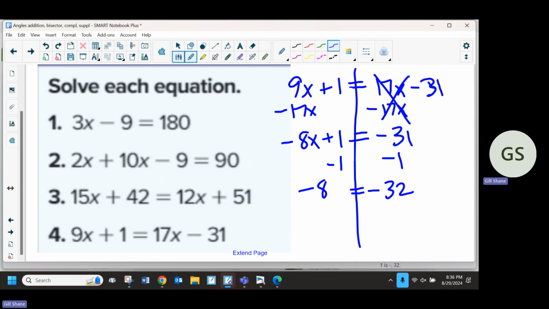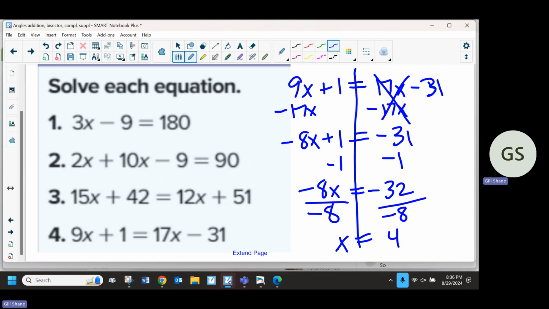Negative 8x here. Again, you have a calculator, so I'm just going to do it. Divide by the negative 8. Remember, wherever that 8 goes, that negative sign has to go with it. Whatever sign is in front of a term has to stick with it. Well, whatever I do on one side, I've got to do on the other. And now using your calculators, you should be able to get positive 4 for that.